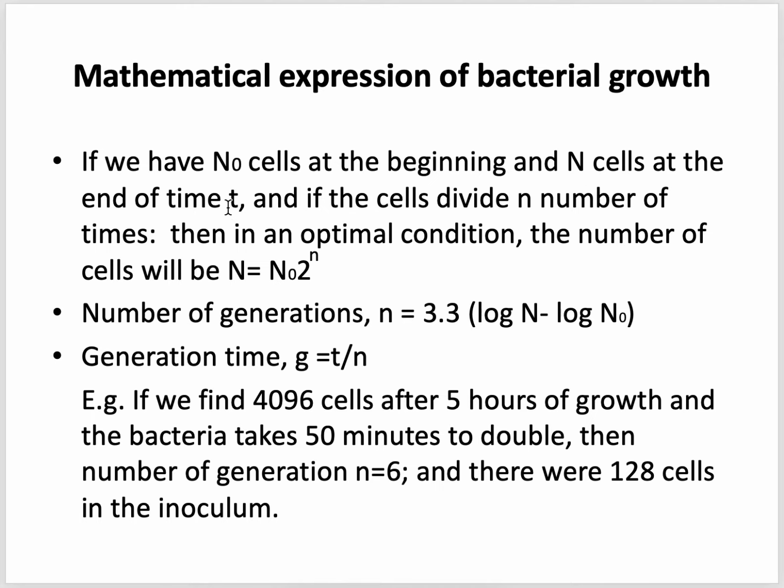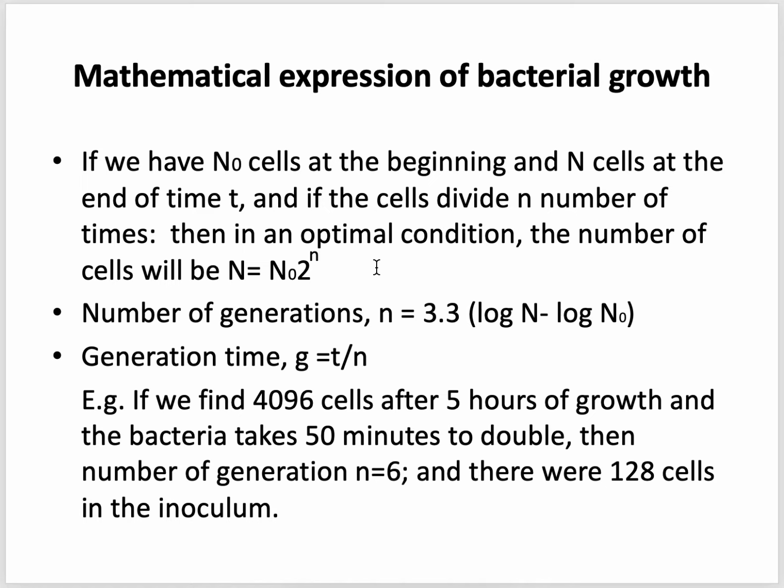Just suppose you allowed the bacterial cells to grow for time t. The initial number of cells was N0, and after time t the number of cells was N. Now if the cells divide n number of times, then in optimal conditions N will be N0 times 2 to the power n.